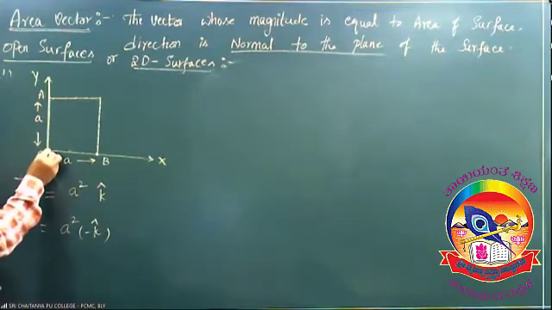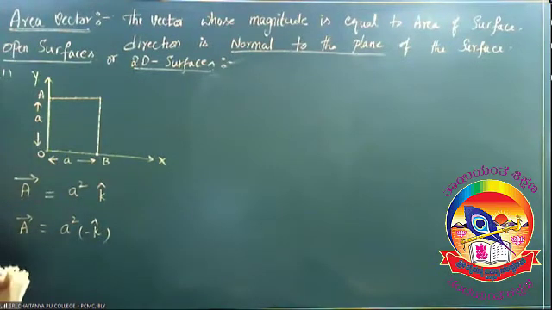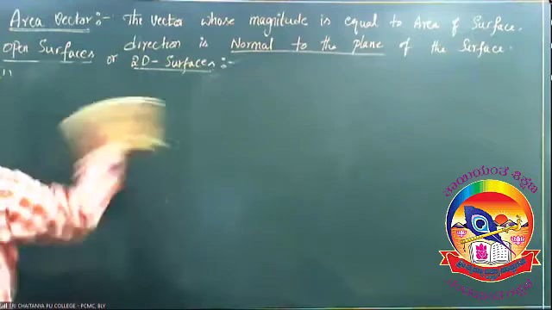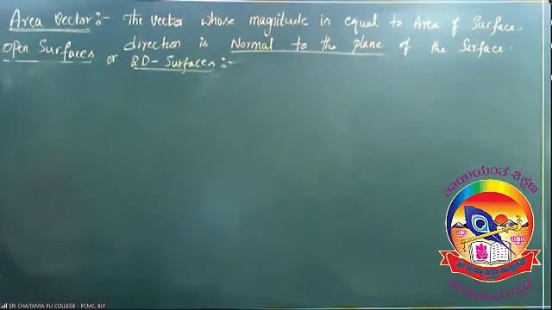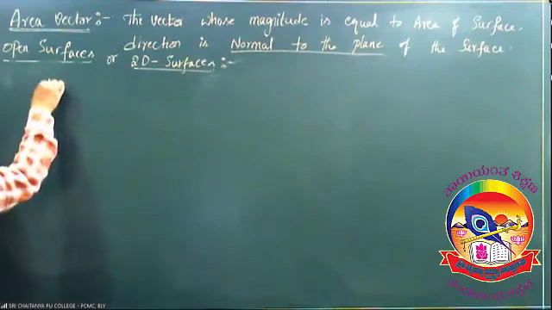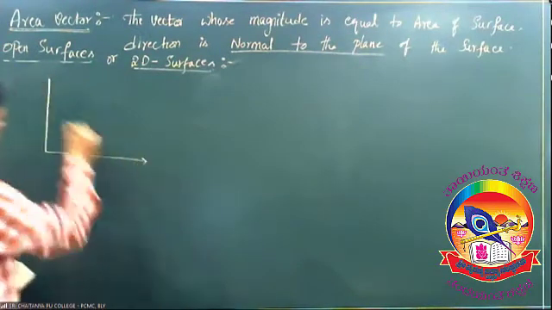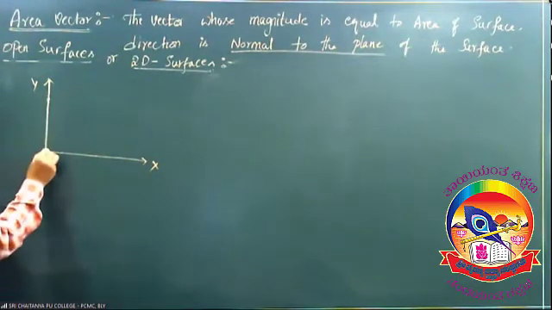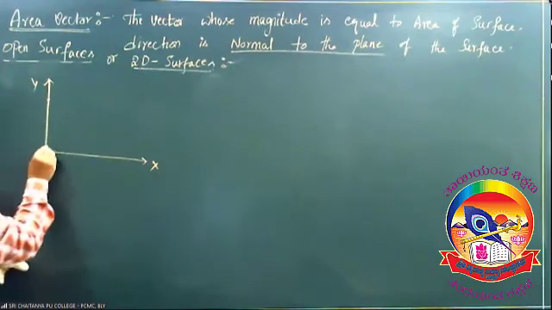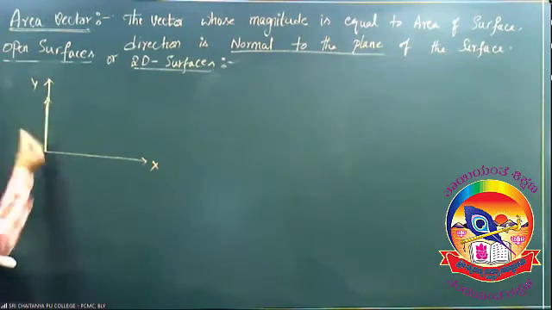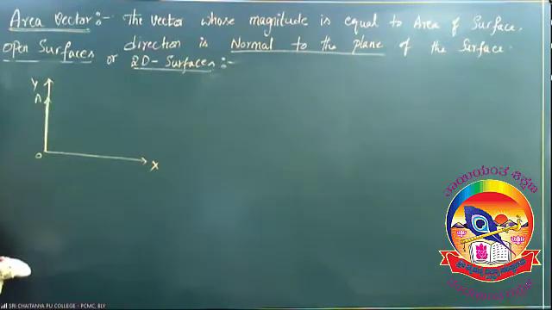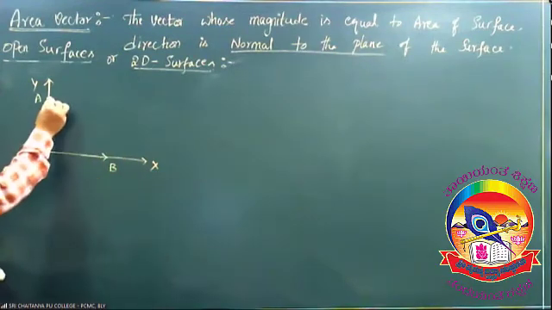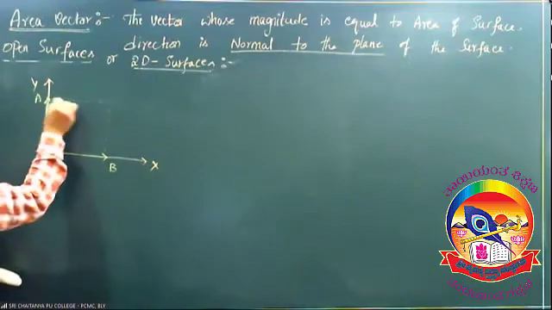Let there be a vector along this direction, OA, and another vector along this direction, OB.